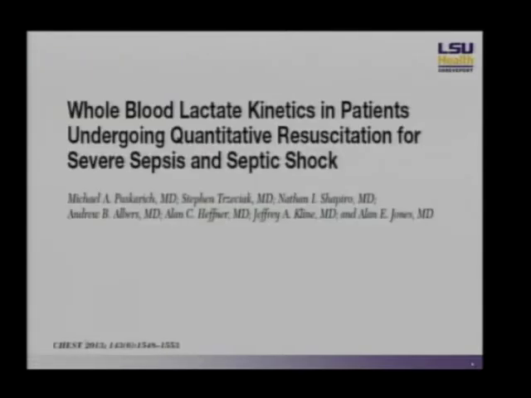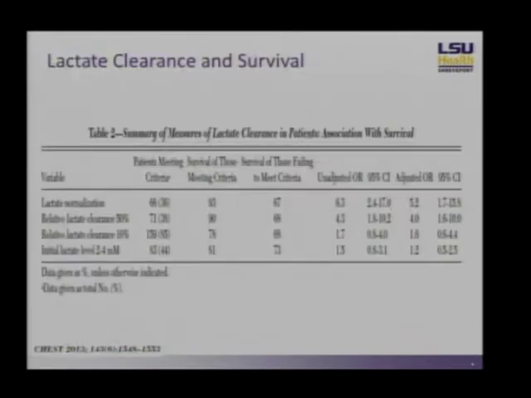Now, Puskirch and their group took a look at lactate clearance. In their study, they measured patients' lactate, treated the patients with the standard of care in their particular institution, and followed their lactate out for 6 hours. And what they found was very simple. If they normalized their lactate, their survival was 93%.